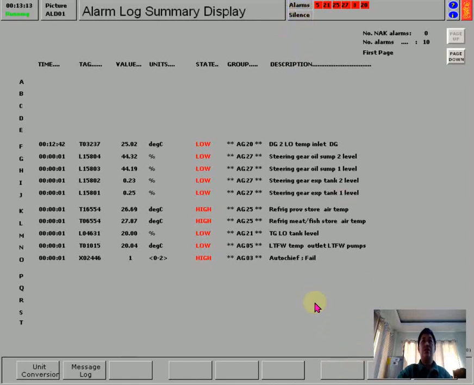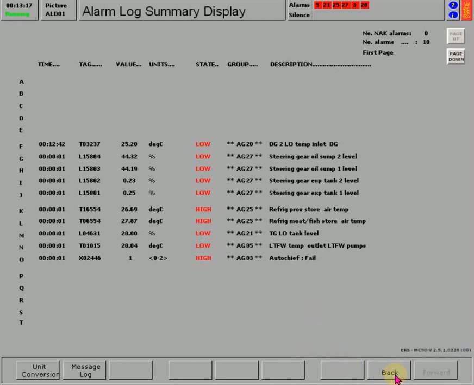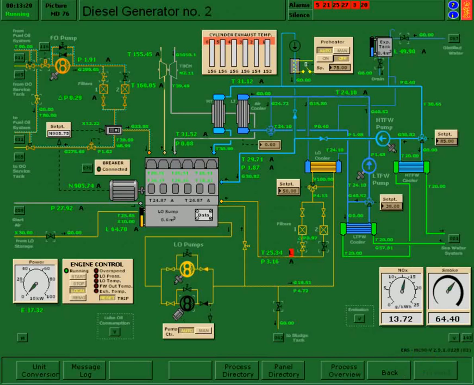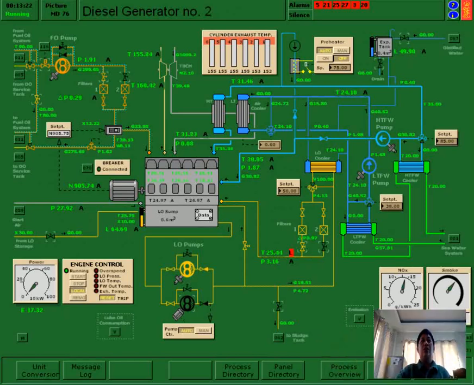We'll press back. There's an alarm, so click silence.